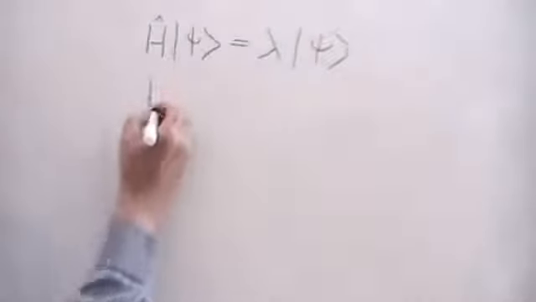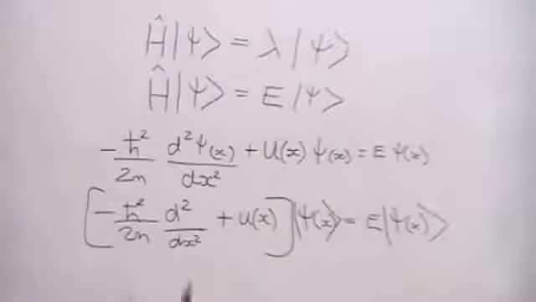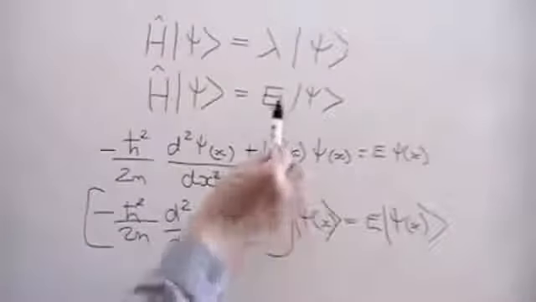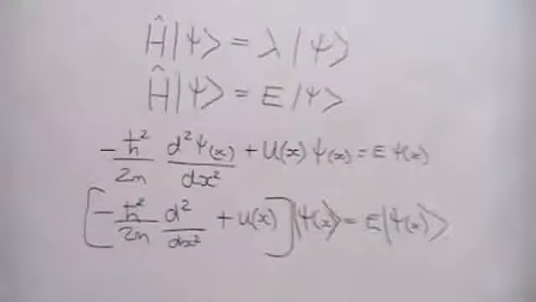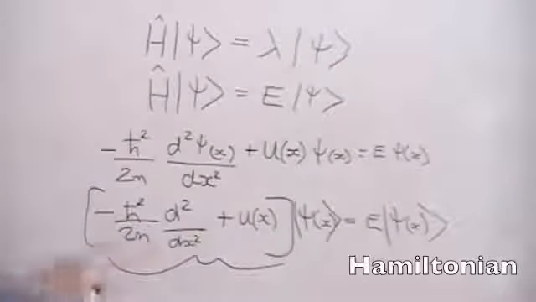So in this particular format, which is equivalent to this format here, we've got our eigenvectors, psi, we've got our eigenvalue E, and this now is our operator H, and that is known as the Hamiltonian.